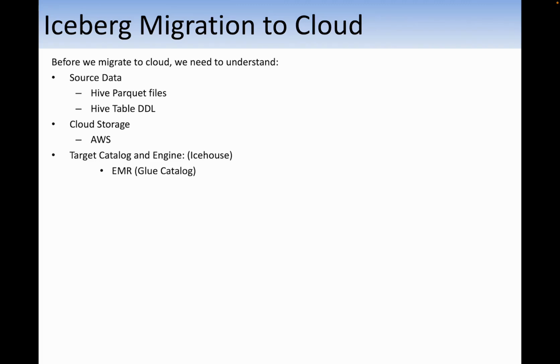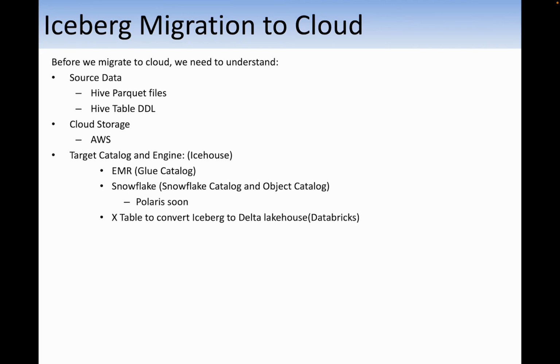Are you looking at EMR with Glue catalog? Are you looking at Snowflake? Within Snowflake, you have a Snowflake catalog, or you can use the object catalog. The Snowflake catalog is the one managing your Iceberg table, so all updates and deletes are done through Snowflake. But the object catalog is read-only for an Iceberg table which is managed by some other engine.